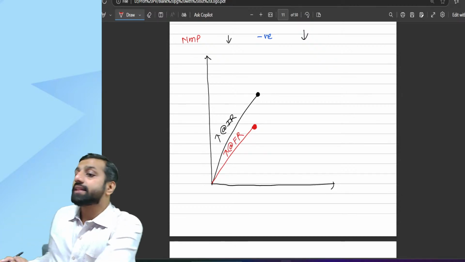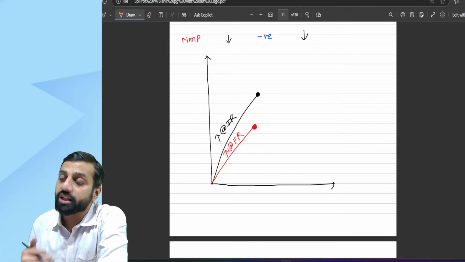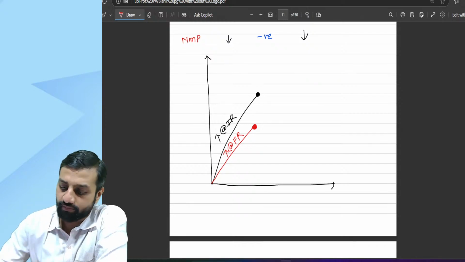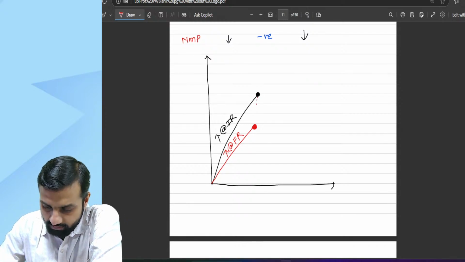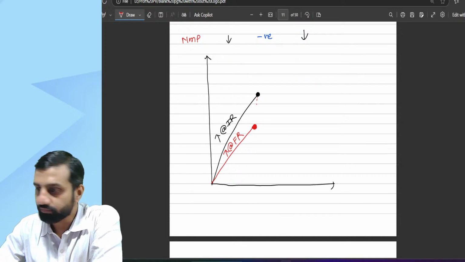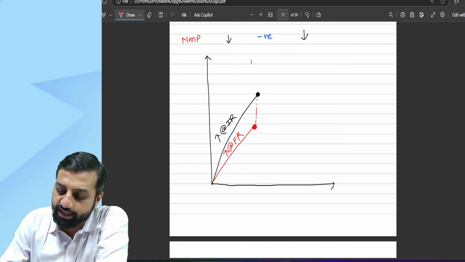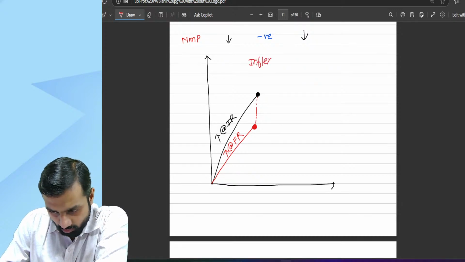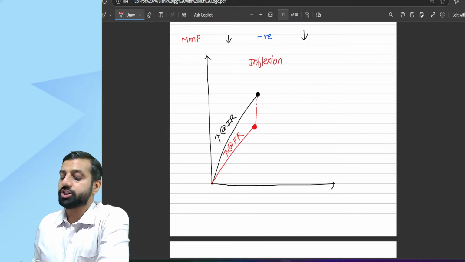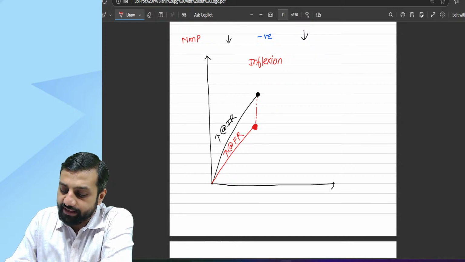We say that variable factors have utilized the fixed factors well. So this point is called the point of inflection where MP is maximum.